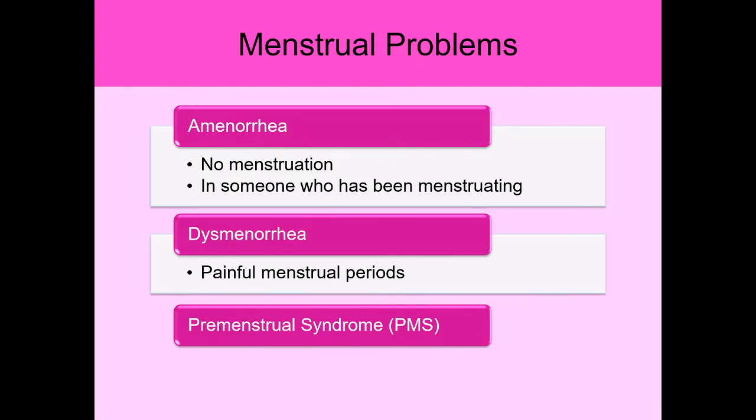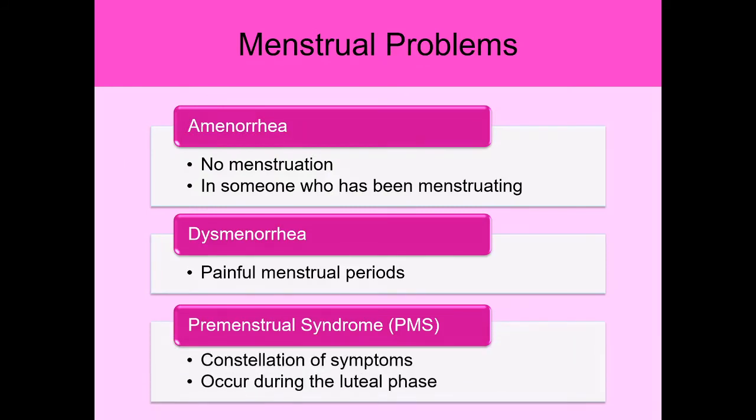It's called syndrome because there's a cluster of symptoms that have been attributed to this phase right before the onset of the period. It happens during that part of the menstrual cycle that we call the luteal phase. But like I said, it's usually limited to the couple of days right before the period starts. And that's because of the high levels of progesterone and the high levels of estrogen that the woman is experiencing.